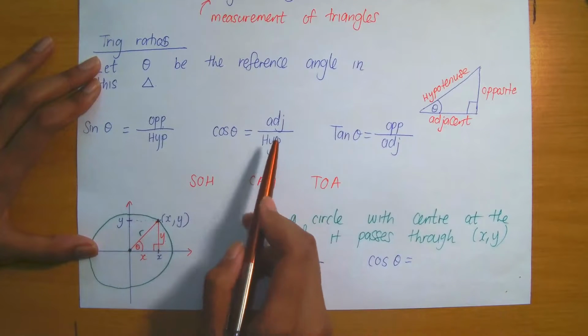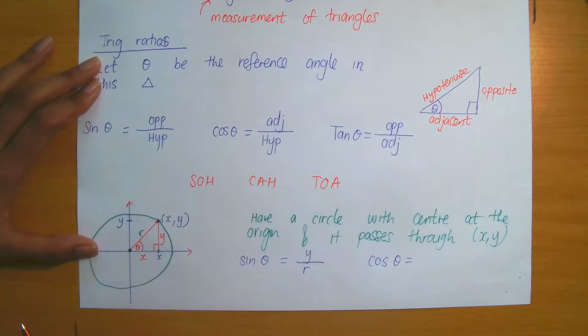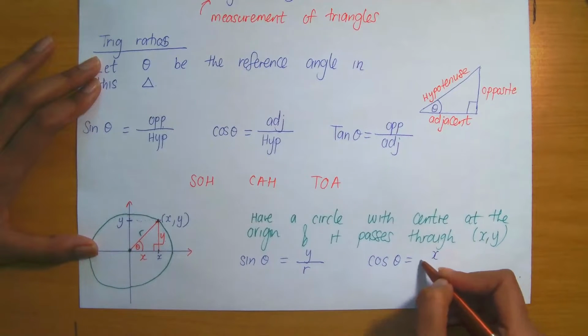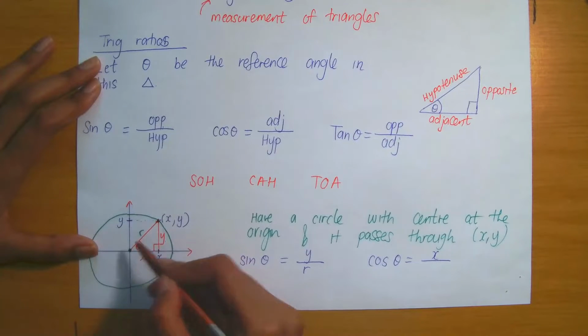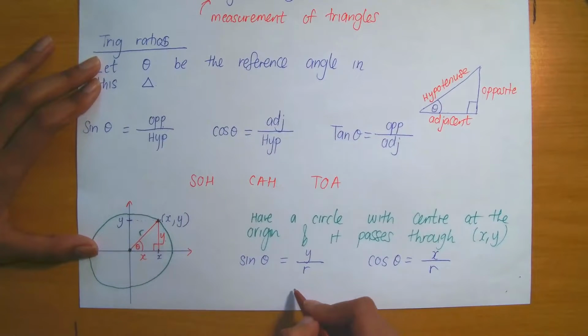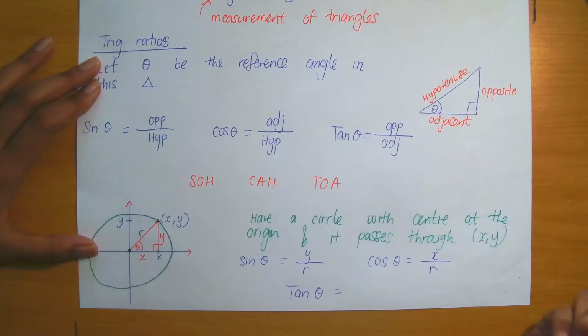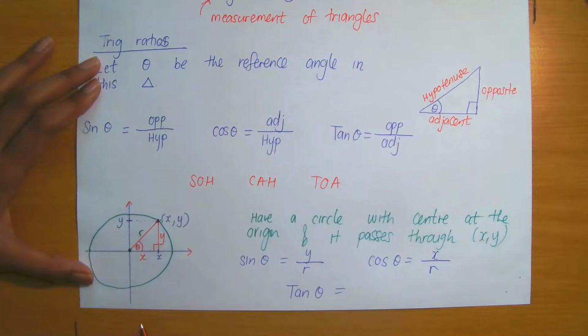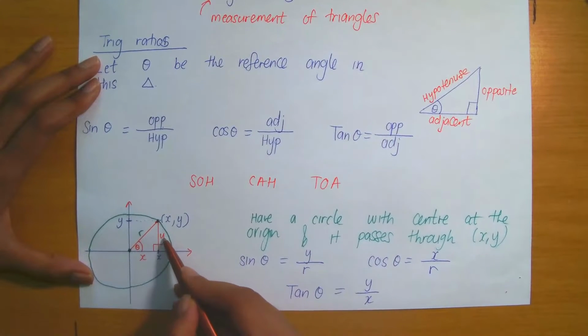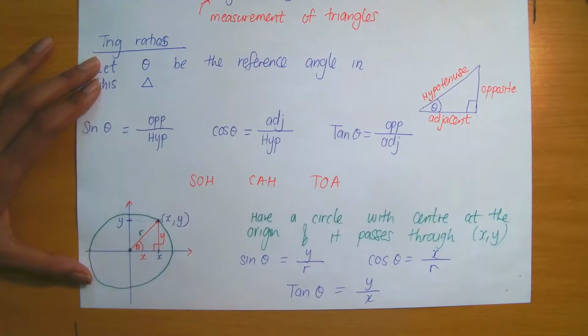Cos of theta, which is adjacent over hypotenuse, is x over r. And tan of theta, which is opposite over adjacent, is y over x, simply by taking the values from the diagram.